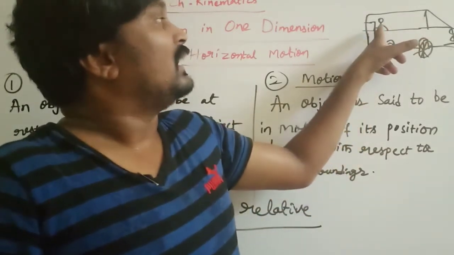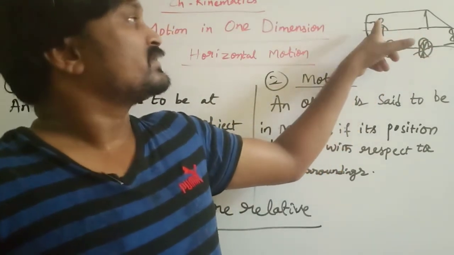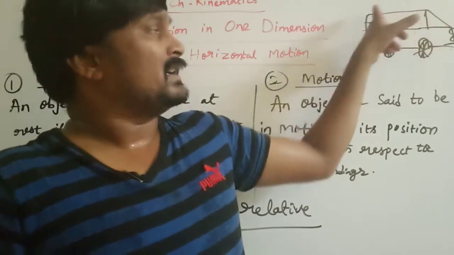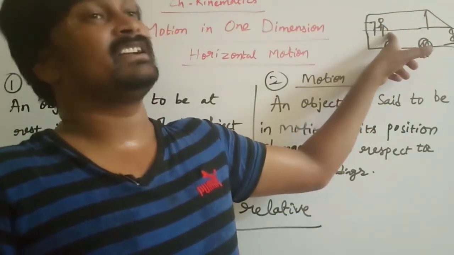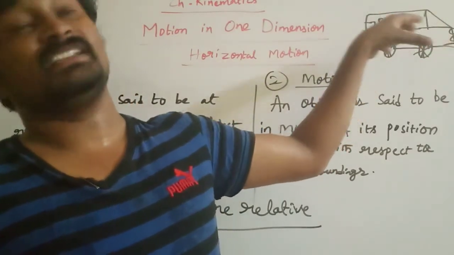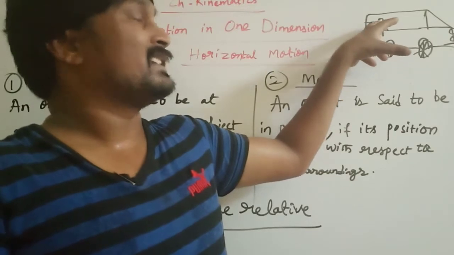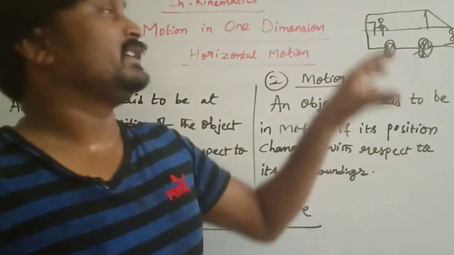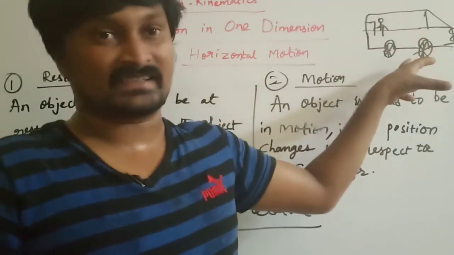See, according to him, he is sitting in the bus. That means, for whoever people are in the bus, if they are sitting like this, according to the condition inside the bus, this person is in rest position. He is just sitting, so he is not moving anywhere. So he is at rest in the bus.